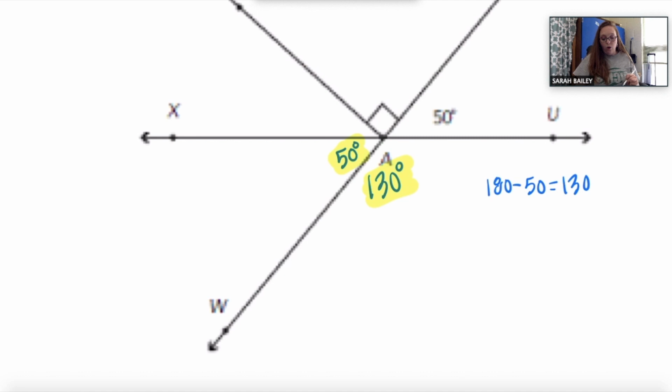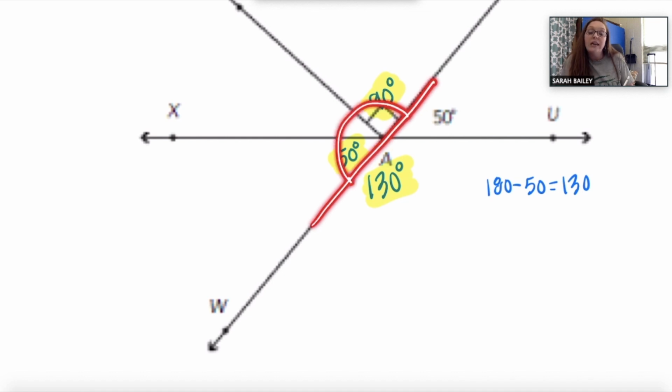We also have a right angle here, and remember that right angles measure 90 degrees. Then I have one other angle that I'm going to try to figure out. Right here, I have a straight line, so I have three angles here that make that straight line, and those three angles are supplementary.